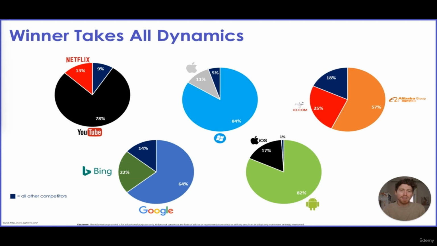The same is true on the bottom right when it comes to smartphone operating systems. Here, Android from Google has 82% of the overall market share, followed by Apple iOS. Only one single percentage point is not related to Android or Apple's iOS.